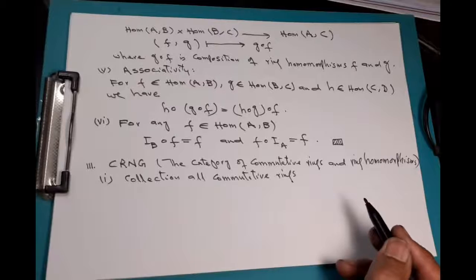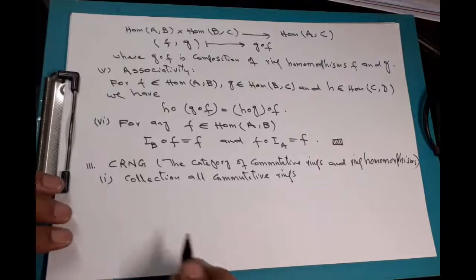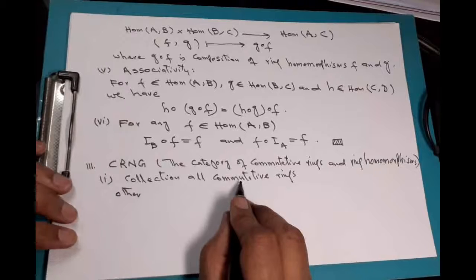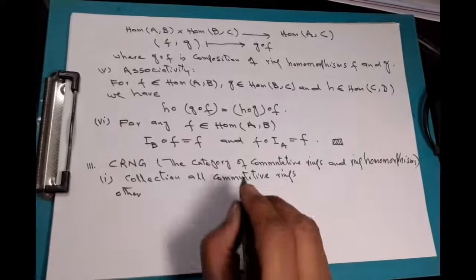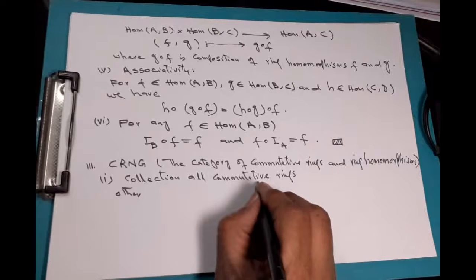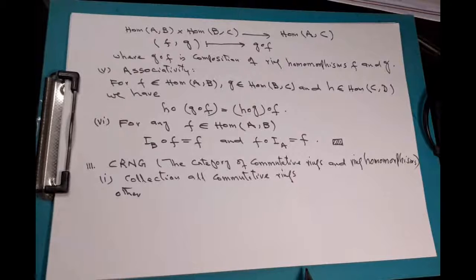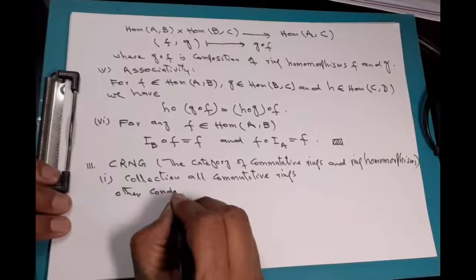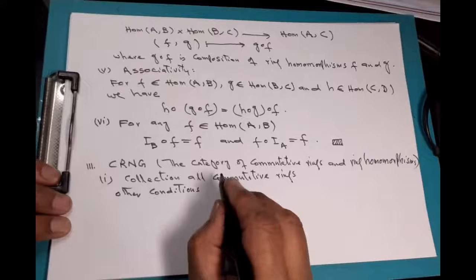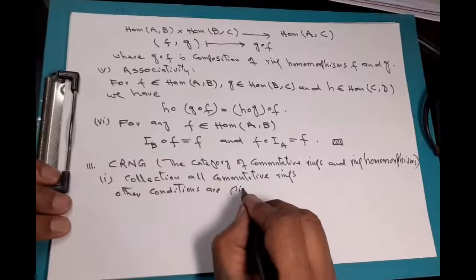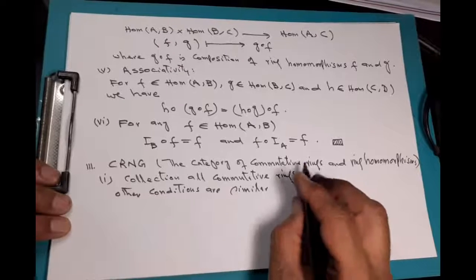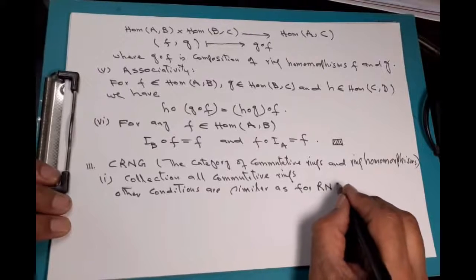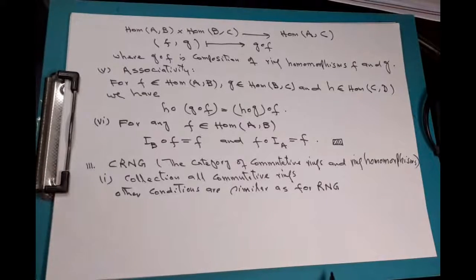So other conditions are similar to those for the category Rng. Only the collection of objects, the collection of commutative rings, we are going to consider in this case, while in the previous case we considered the collection of all rings.